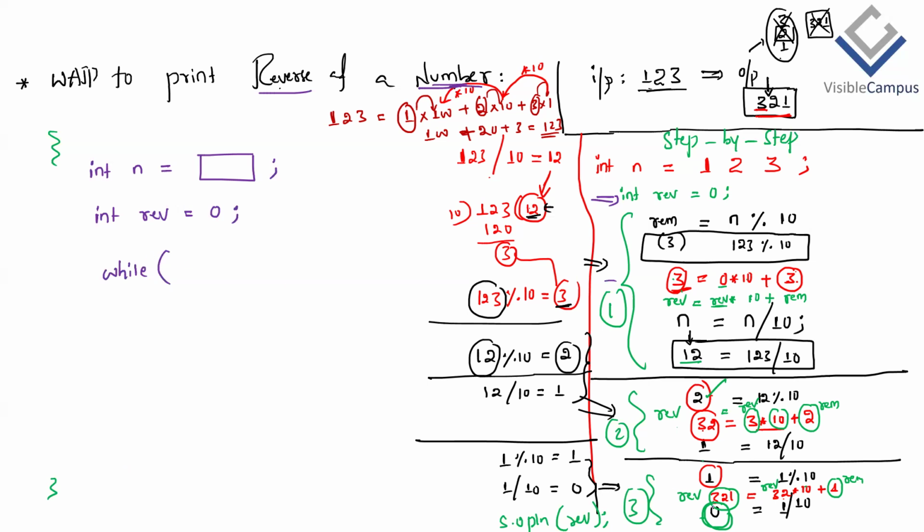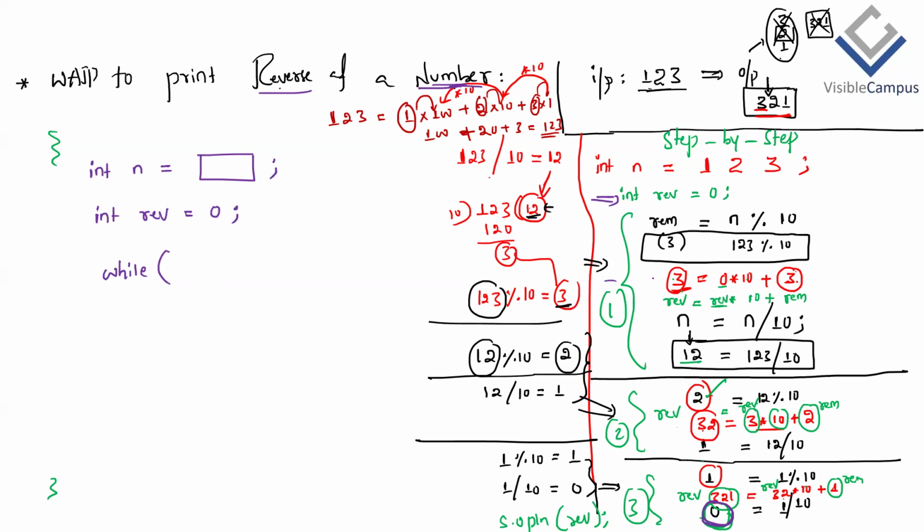Once the number becomes 0, the loop has to stop. If the number is more than 0, the loop has to continue. If the number is less than 0, the loop has to continue. So the number should not be less than 0, or the number can be greater than 0 also.